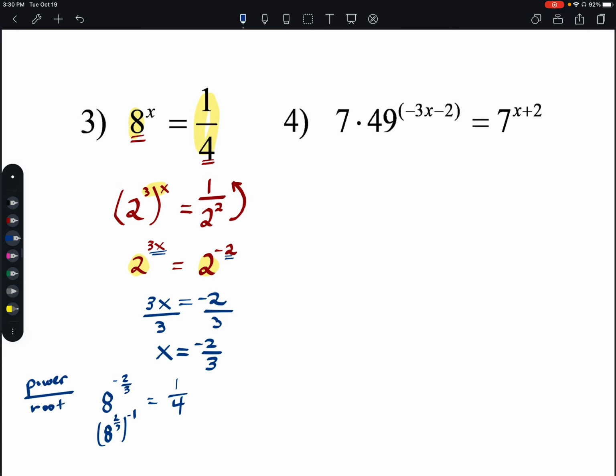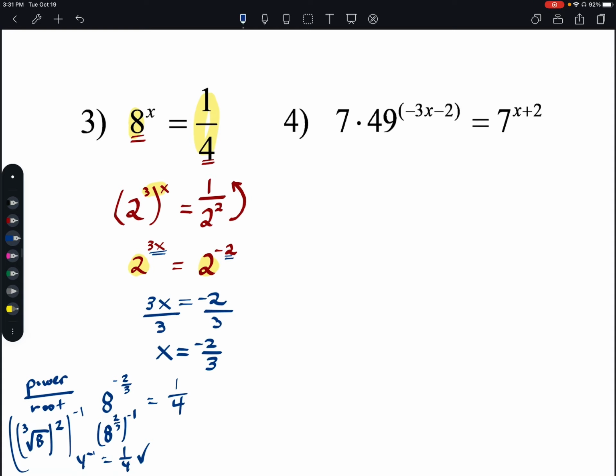So we're going to do the second power, and we're going to do the third root, or the cube root. So I'm going to do the cube root of 8 squared, and then we'll raise it to the negative first after that. So cube root of 8 is 2, 2 squared is 4, and then if we have 4 to the negative first, that's going to be 1/4. So we know we're correct. I'm totally fine with you checking that one on the calculator here until we review those properties.